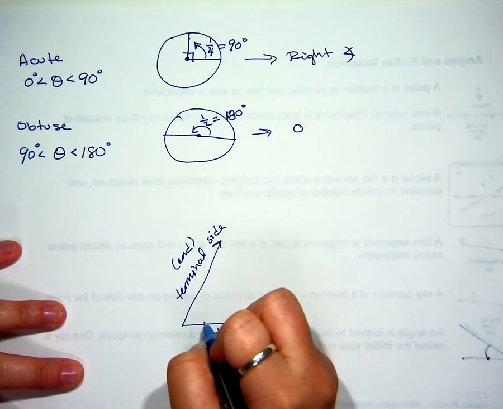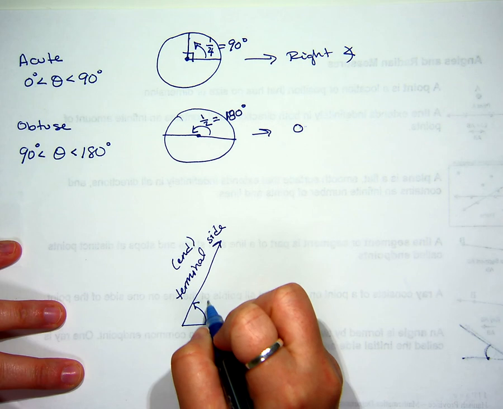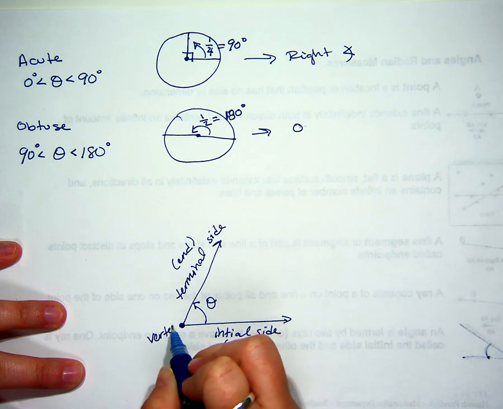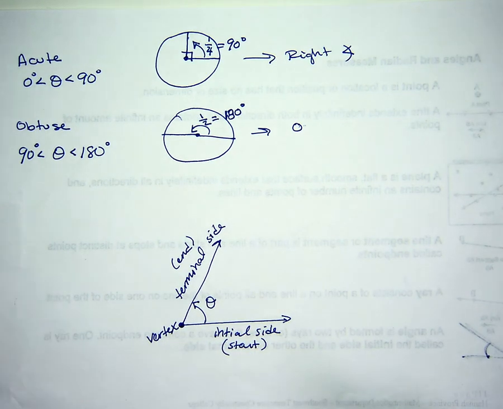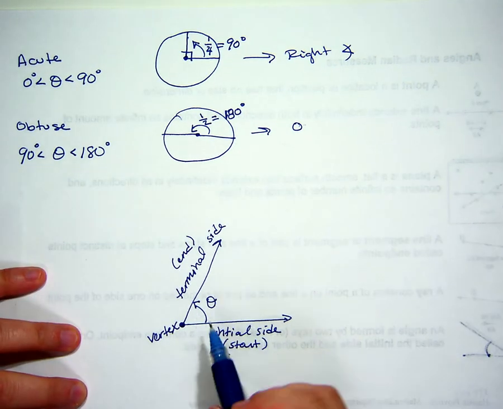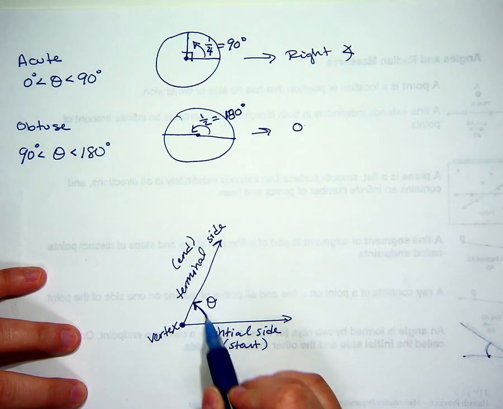In between your start and end sides is where your angle lies. The point at which the rays meet is called your vertex. Where your initial side and terminal side are determines where your angle is.